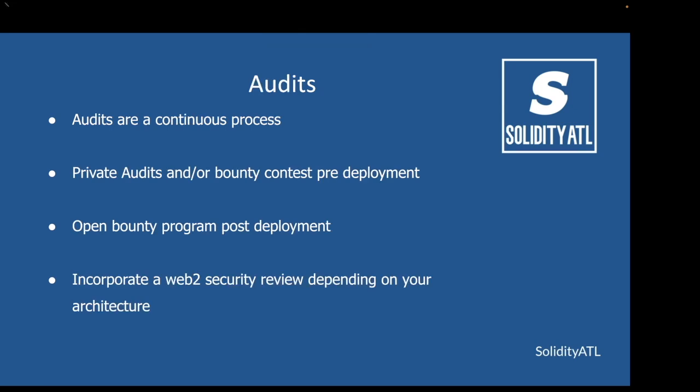The next thing we're going to talk about for how protocols can defend themselves from being attacked are audits or security reviews. This is one of the main responsibilities of security researchers. And firstly, audits are a continuous process. So a protocol should not just get one audit and be done, because an audit is a snapshot in time.